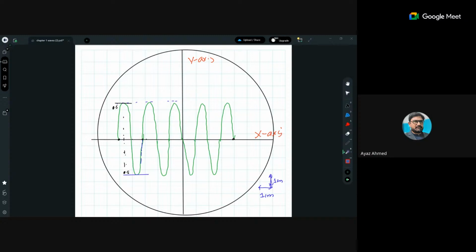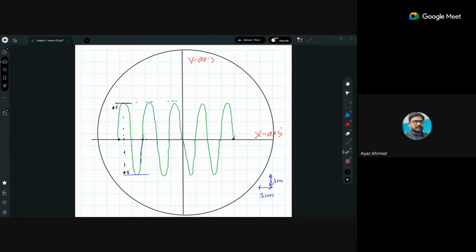As I told you, the y-axis is basically the height of the wave, so it gives you the amplitude. It does not give you any other thing, right? Displacement or amplitude. And the x-axis, if it is representing distance, will give you wavelength, and if it is representing time, it will give you time period.